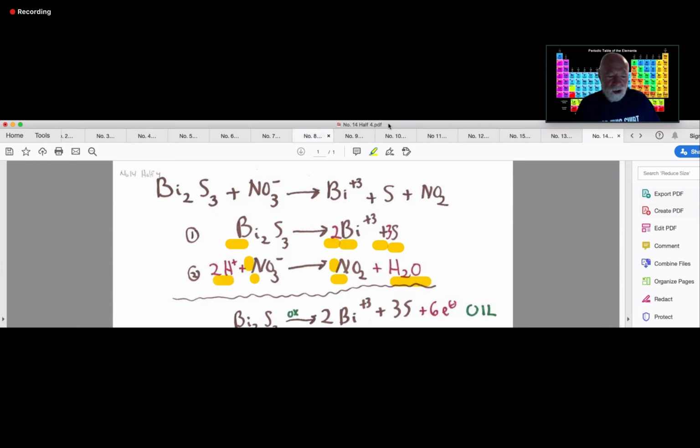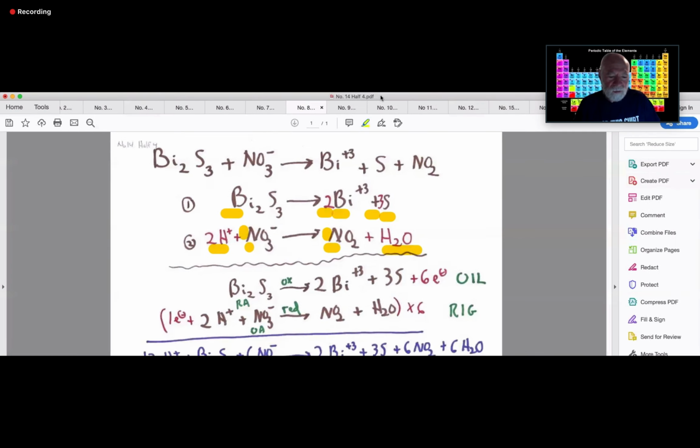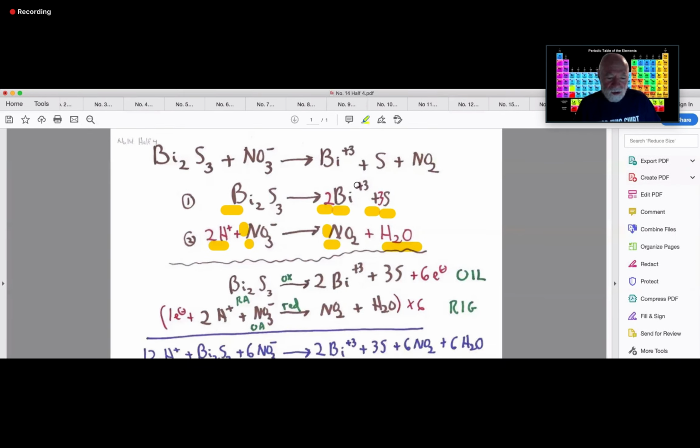Okay, next step will be the charge balance. Okay, so let's see. We have neutral on the left of the first one. We got a +3 on the right, so we're going to need +6. 2 times 3 is +6, so we need 6 electrons on the right. How about the bottom one? Neutral on the right. We've got the 2 hydrogen ions.